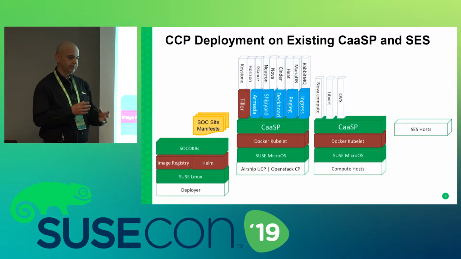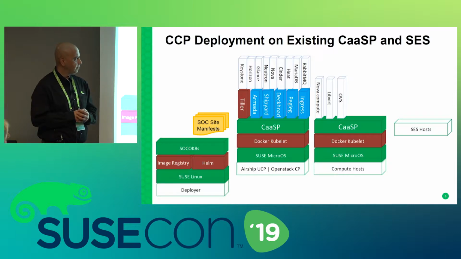So Shipyard will say, once the site is there, create this site, and then Shipyard will post that information first to the backend for storage, and then the backend will do the validation. Once the validation is done, it will start the workflow. For the workflow, upstream is using Airflow, which is an Apache project, and then it's converted into various actions.